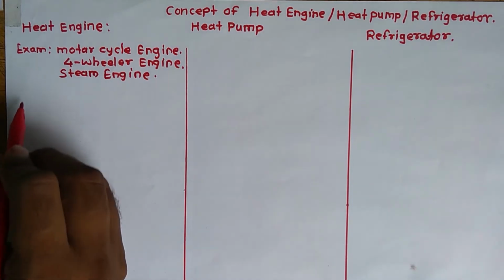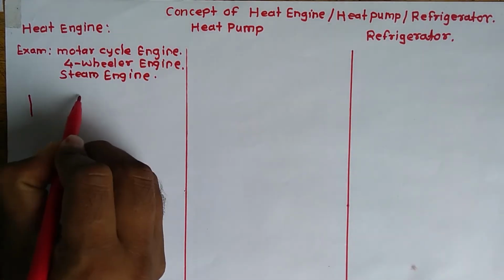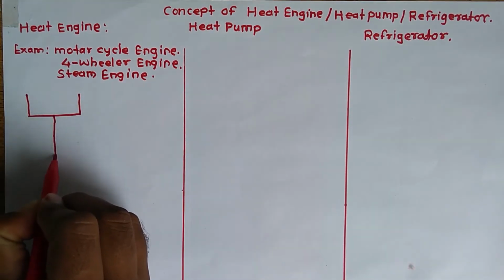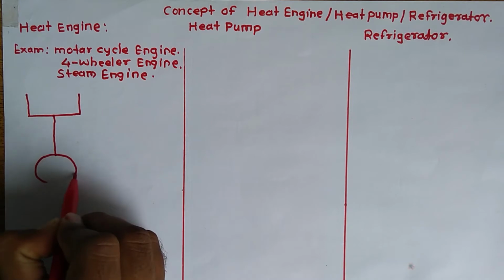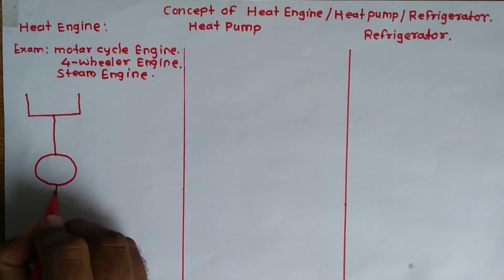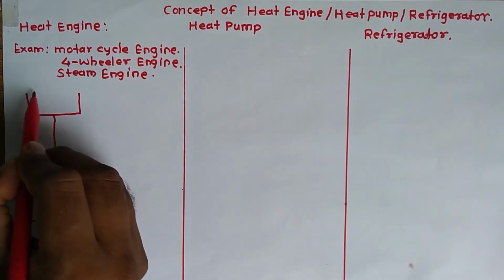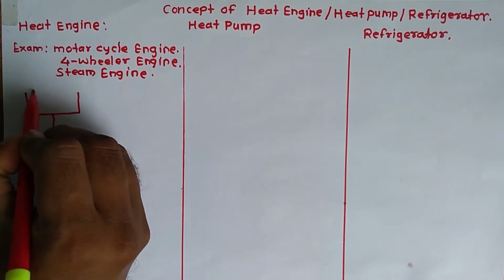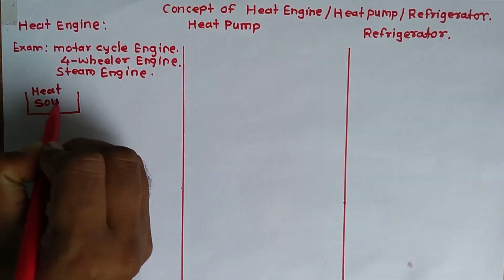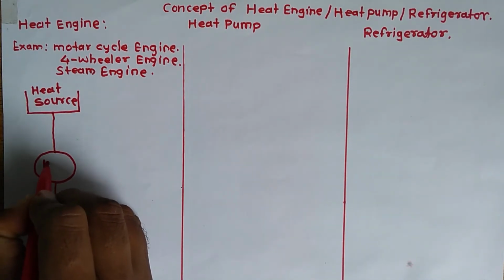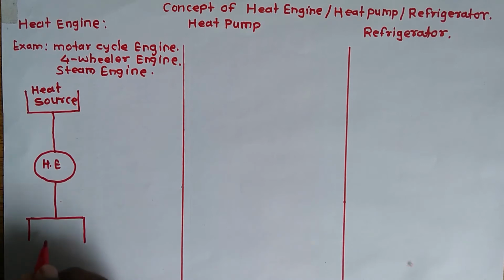So how does that heat engine actually work? For that purpose we have to draw a block diagram. I will draw a block diagram. Here this area will be the hot source, this will be the heat engine, and this will be the heat sink.